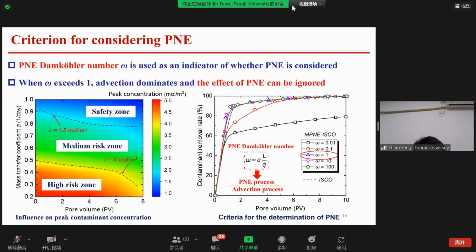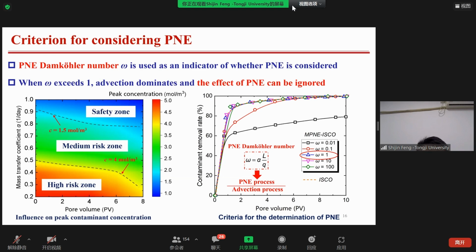Next, we studied why we need to consider PNE. As shown in the left figure, the mass transfer coefficient alpha has a large influence on the contaminant concentration. The PNE dominant number, which is associated with alpha, is proposed as an indicator of whether PNE needs to be considered.